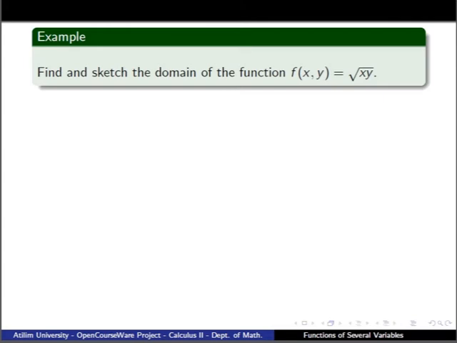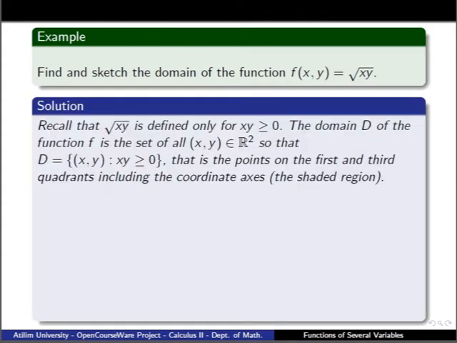So it means that x times y should be larger than or equal to 0, which gives us the domain set that consists of the set of all (x, y) so that x times y is larger than or equal to 0. But this corresponds to the first and third quadrants of the Cartesian coordinate system or the rectangular coordinate system, which is the shaded area in the diagram.